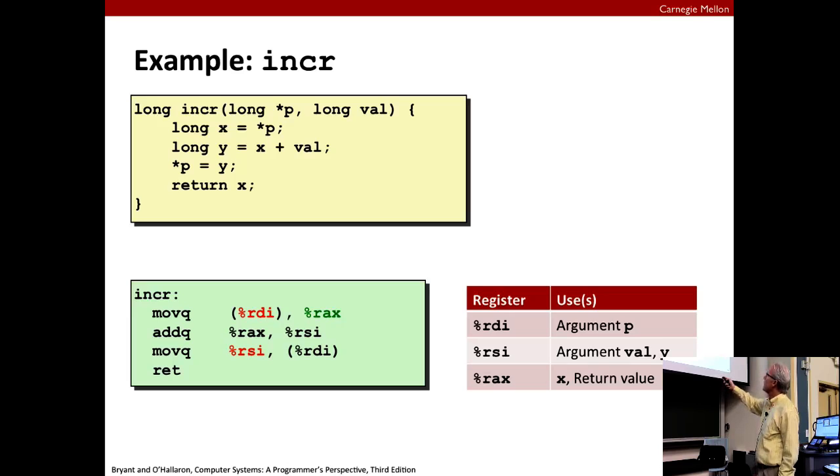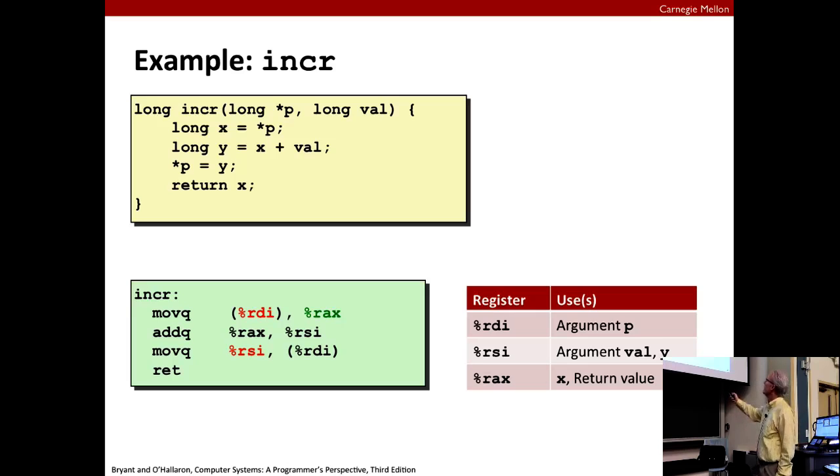It computes a value y by summing x and the value passed to it. It stores y back at p, but it returns x, the original value of the pointer, not the updated version. And you can see that in the code here.